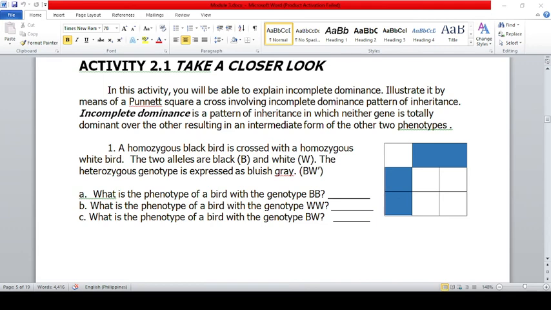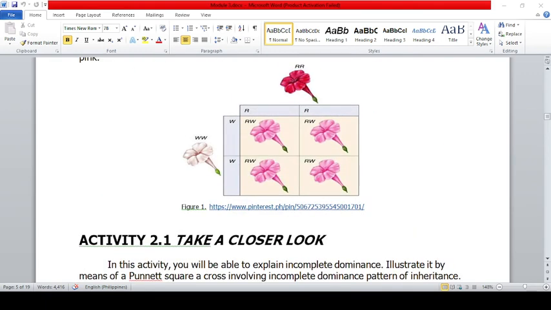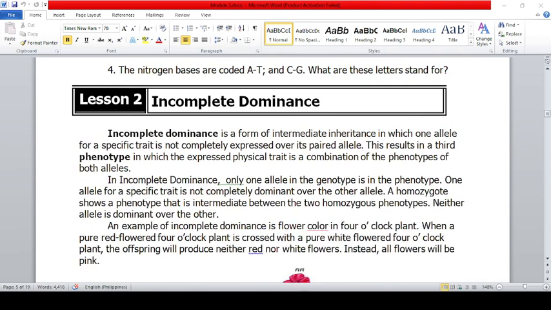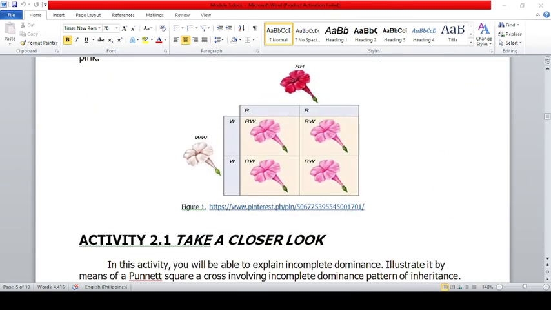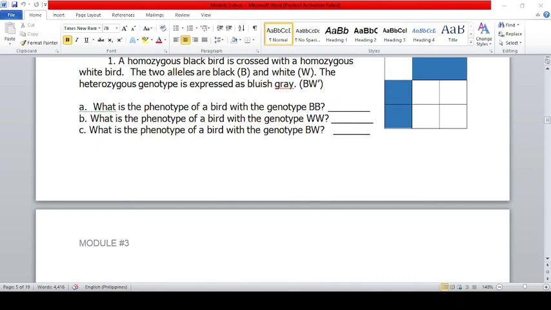Phenotype, gin-ask ko talaga si Ma'am Chiram, ano ba yung ibig sabihin ng phenotype? So, sabi niya sa akin, yung nakikita sa labas. So, di ba? Itong phenotype natin, nagkaroon tayo ng ibang kulay. Ano bang phenotype ang makikita natin sa genotype na BB? Or homozygous na alleles? Okay, ano bang phenotype makikita natin sa genotype na homozygous na WW? Okay, so as an example.